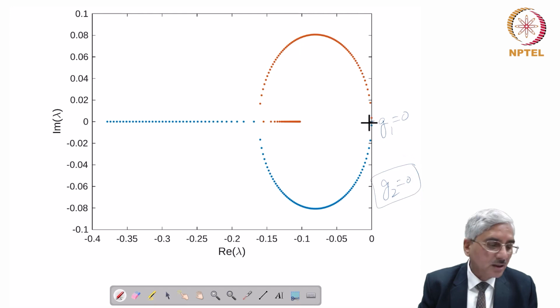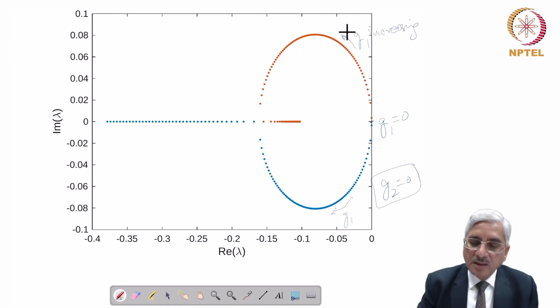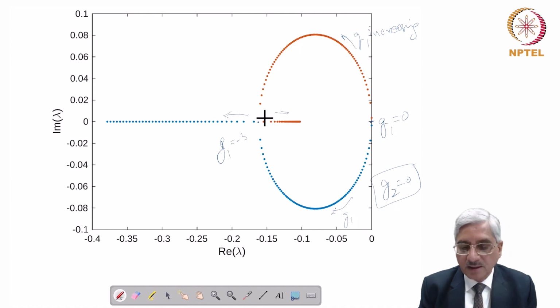G1 is 0, they are here, and as G1 increases, the eigenvalues split and go this way, and they meet on the real axis at this point for G1 equal to minus 3, and then again one breaks in this direction, the other breaks in this direction.